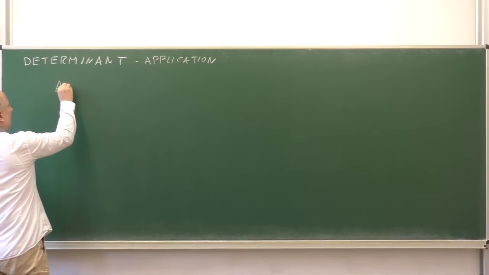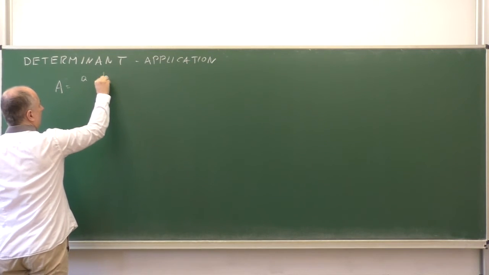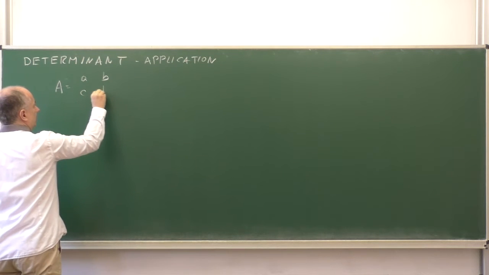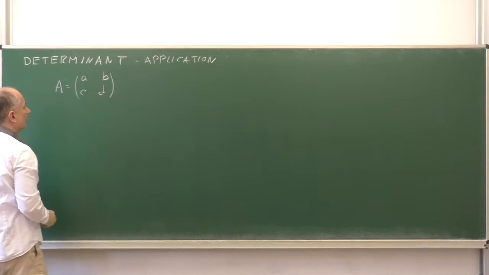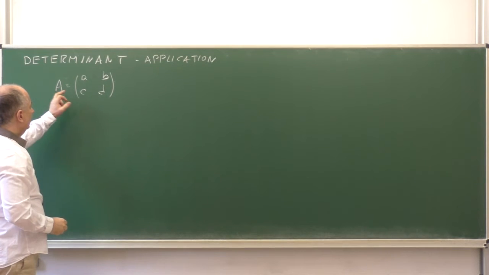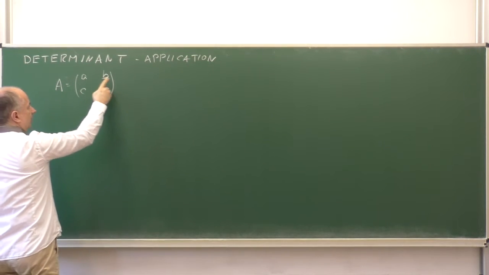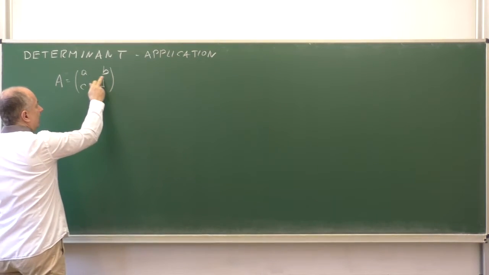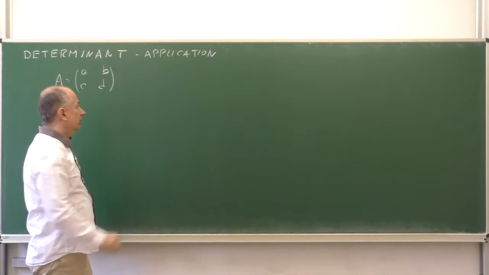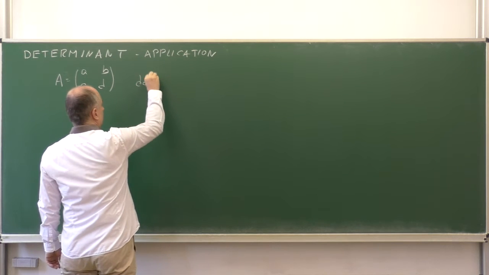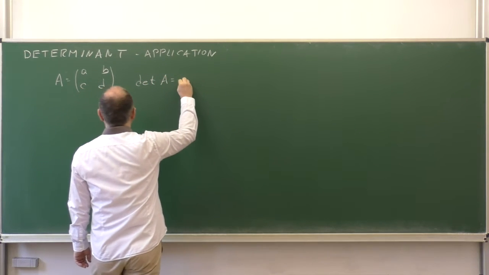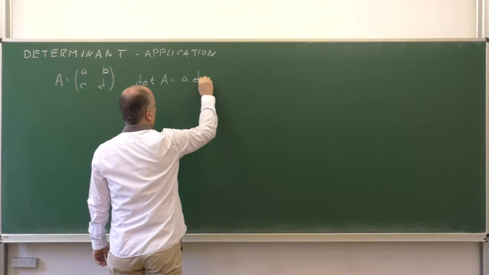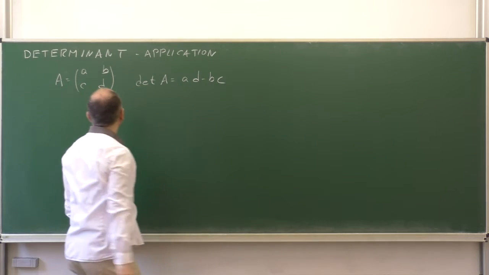So consider the 2 by 2 matrix with entries A, B, C, D. And imagine that, say, the rows are linearly dependent. That means either one of them is equal to 0. The determinant is then AD minus BC.